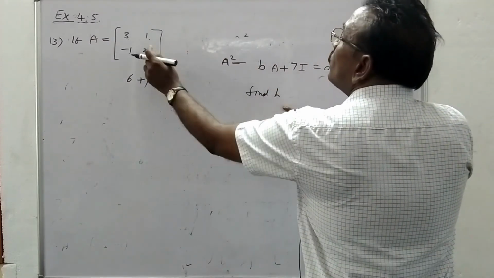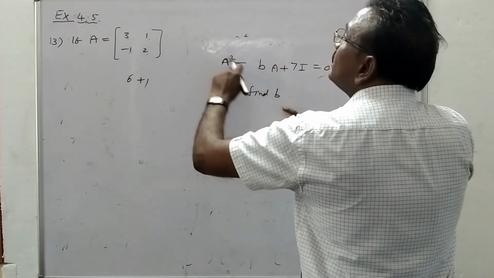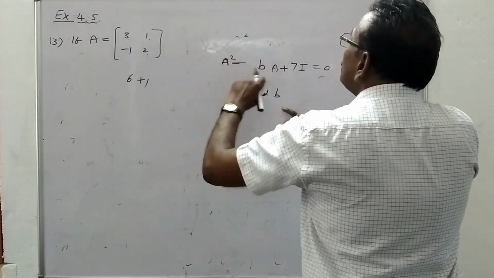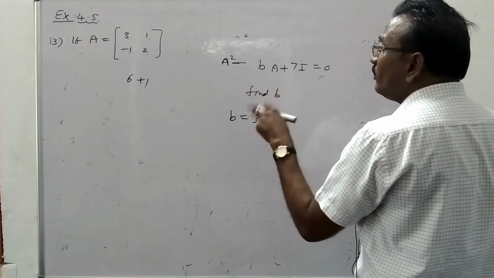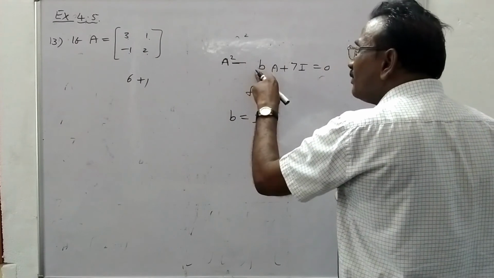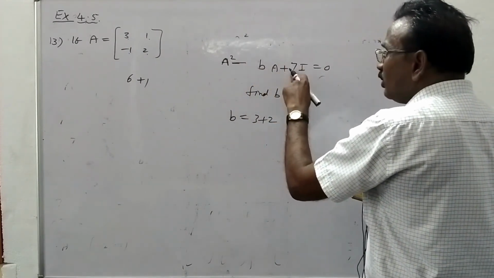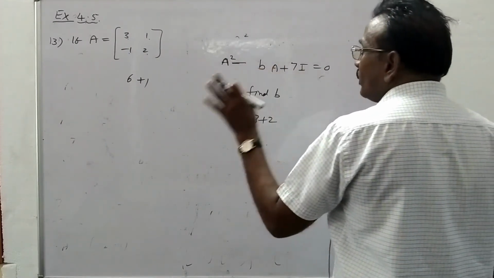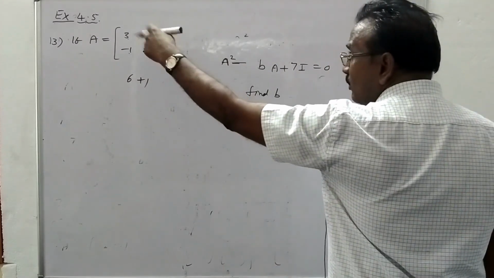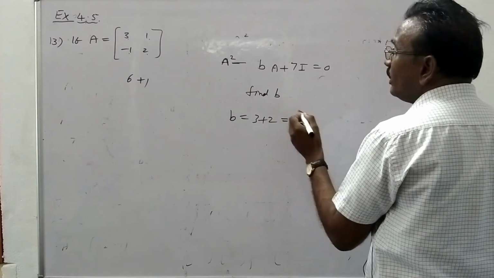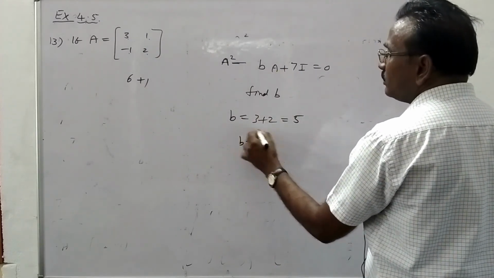Here b is the sum of the principal diagonal elements. Comparing with the equation A square minus (A plus D) into A plus determinant of A into I is equal to 0, the b value is A plus D, the sum of the principal diagonal elements. That value is 5. So therefore b is equal to 5. So that is a simple way.